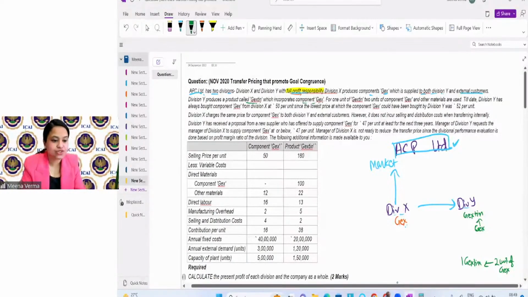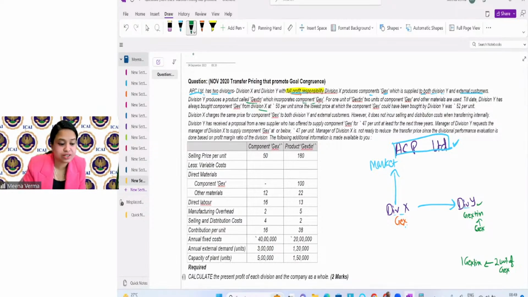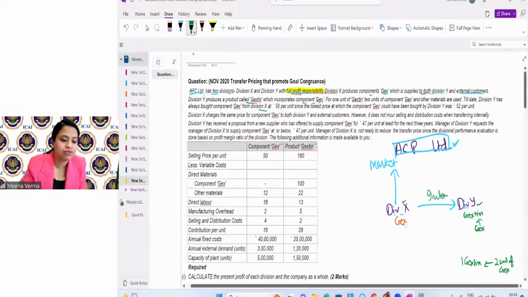Till date, division Y has always bought component Jex from division X. Till now, this division has purchased all their Jex material from division X. Whatever they have is all internal transfer.